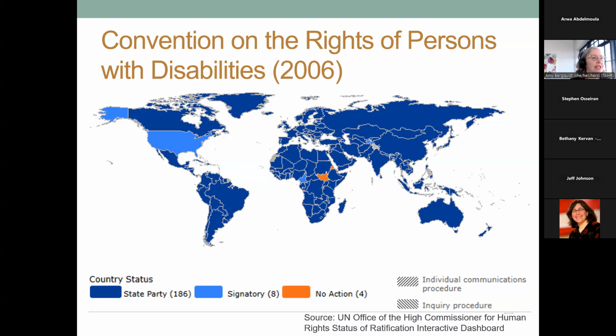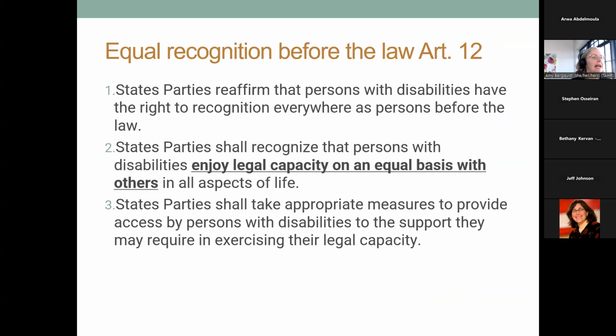But there are some really interesting issues related to disabilities and the death penalty. Something that I think is really important to set for the groundwork on this particular treaty is the treaty recognizes that all persons with disabilities enjoy legal capacity on an equal basis with others in all aspects of life.